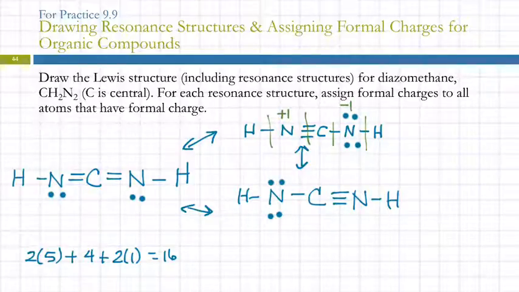It's leaving with an extra electron. So +1 and -1. So what's the formal charge on this nitrogen going to be? -1. And on this nitrogen, my pointer didn't move. This one, +1. Okay?